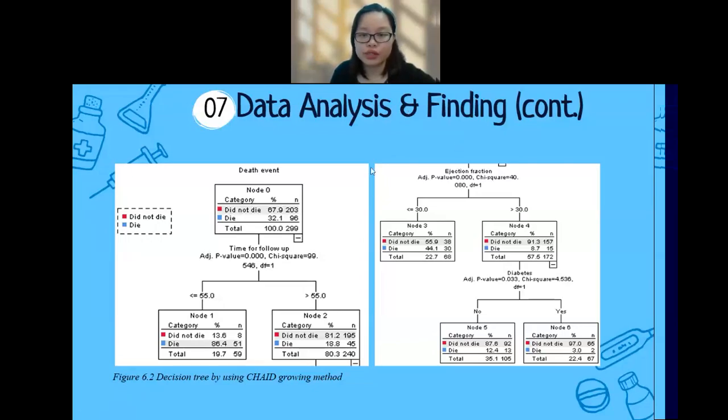For node 0, the number of people and percentage who died or survived is given. The splits occur in order of importance.